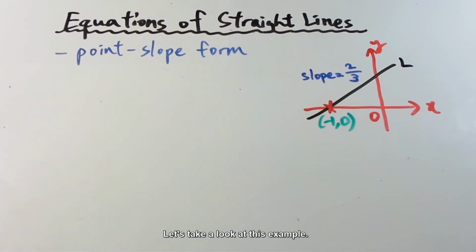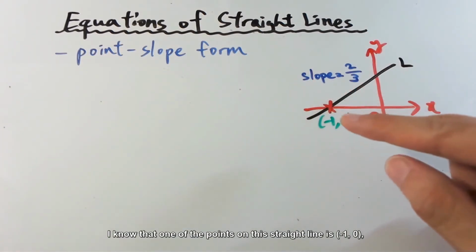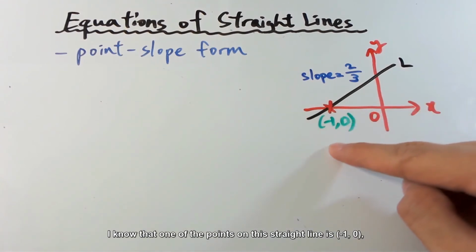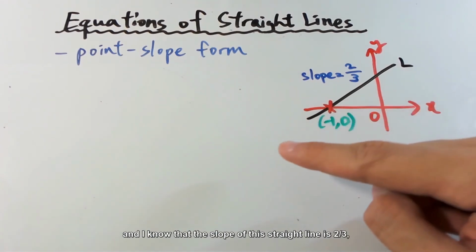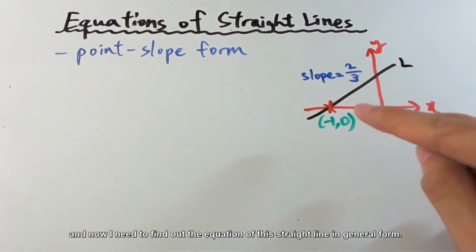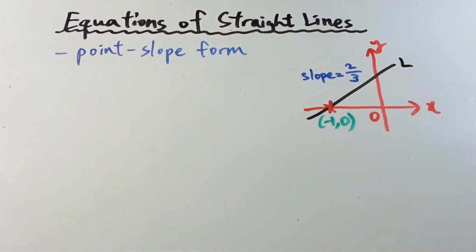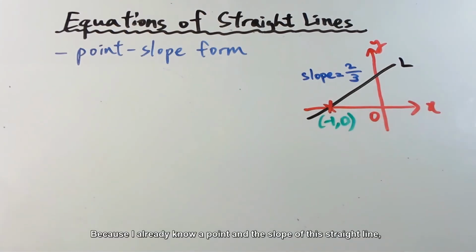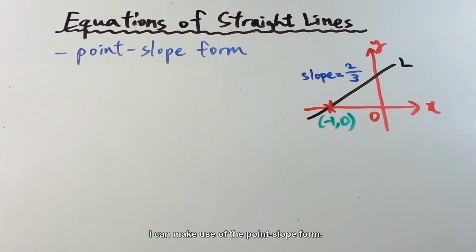Let's take a look at this example. Suppose for this straight line L, I know that one of the points on this straight line is (-1, 0), and I know that the slope of this straight line is 2/3. Now I need to find the equation of this straight line in general form. Because I already know a point and the slope, I can make use of the point-slope form.